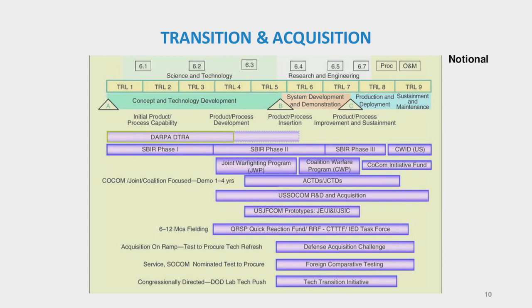So again, one of the problems, well, there's actually several problems that we've seen in terms of transition, is you get to that TRL 6 level in the end of your Phase II, and then sometimes the path forward has become a little bit muddied and not quite as clear as it was when you started.